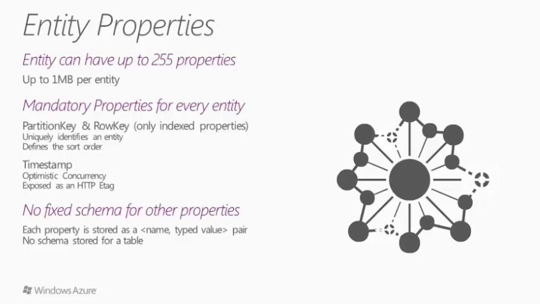Of course, Microsoft has created some mandatory properties. The first two mandatory properties are called partition key and row key, and these two properties are represented just as strings in your storage, and these are the only two properties which have an index.